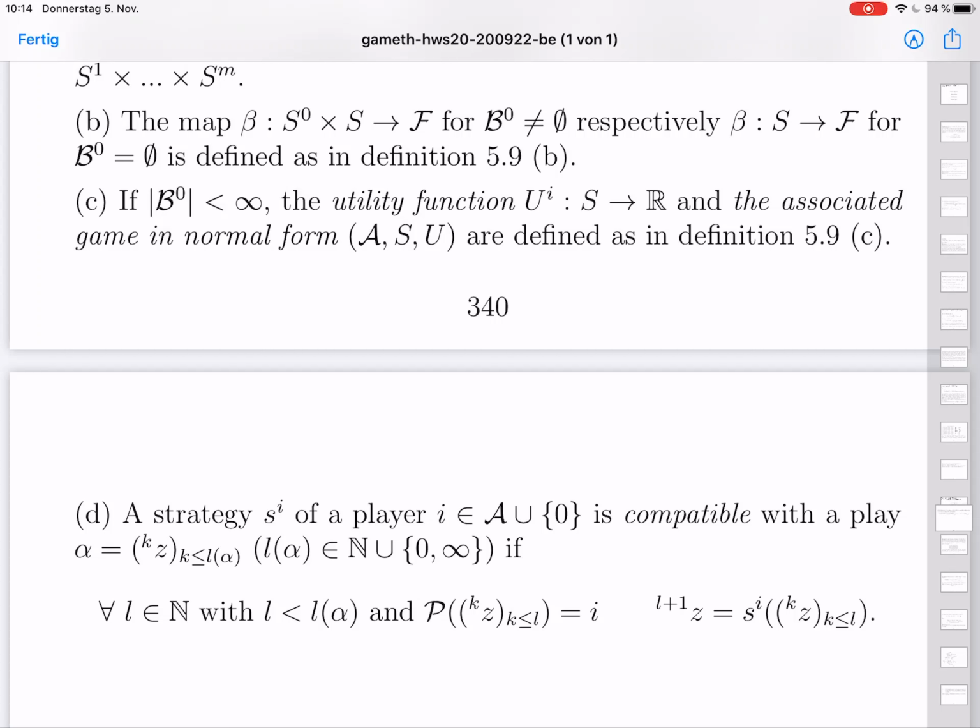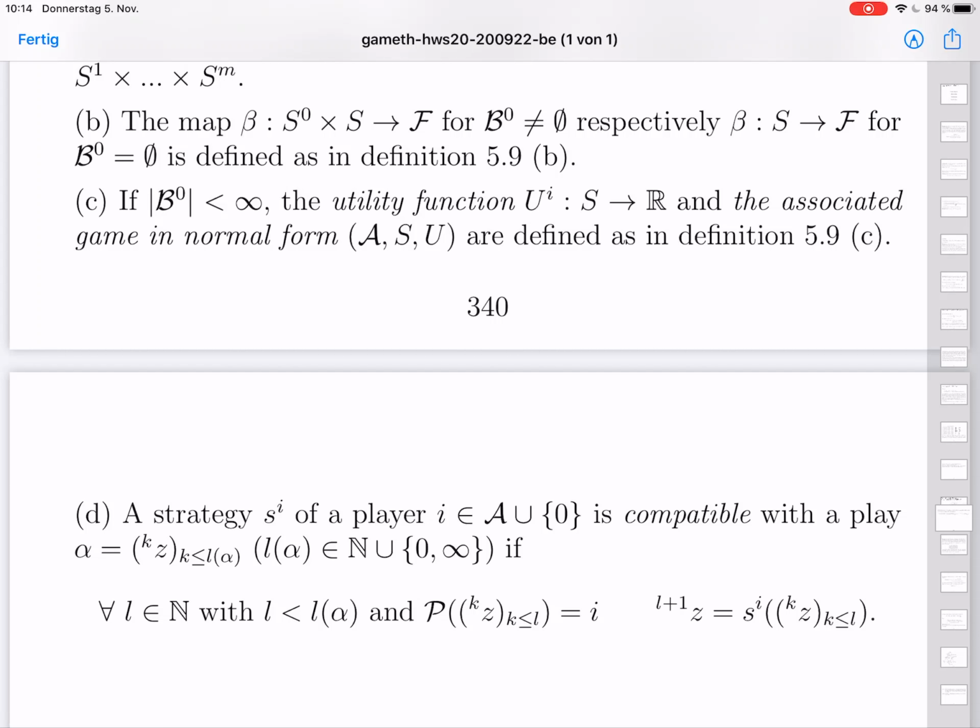That means, here it's a condition downstairs, if you have any play coming before alpha, such that it's the turn of player I to do the next move, then the next move towards play alpha must be the move which is prescribed by the strategy of player I. So player I does not make any mistakes. His moves turn towards the play alpha.